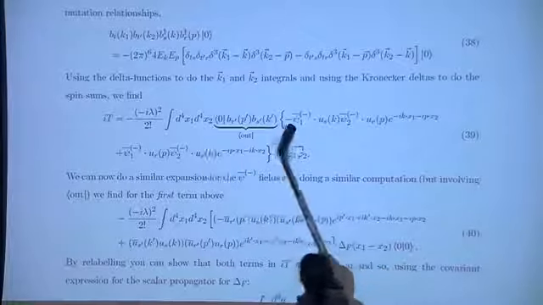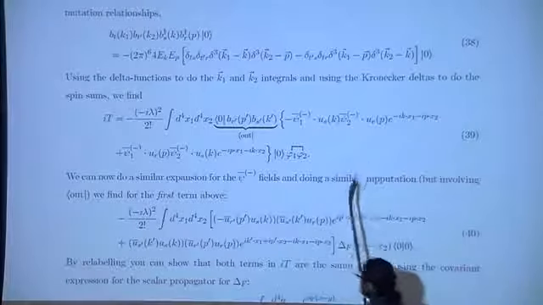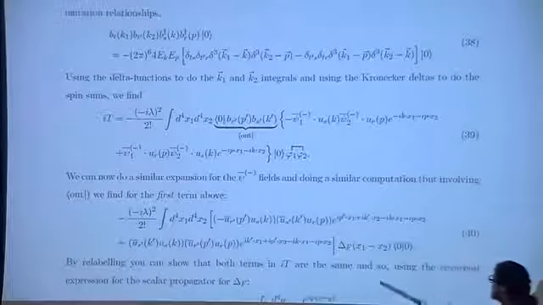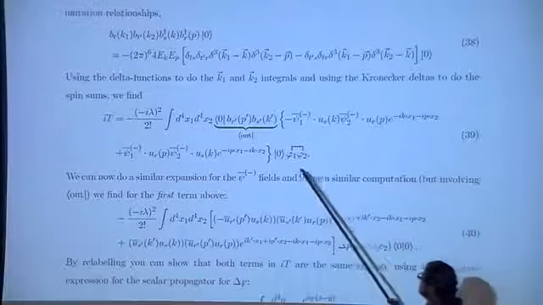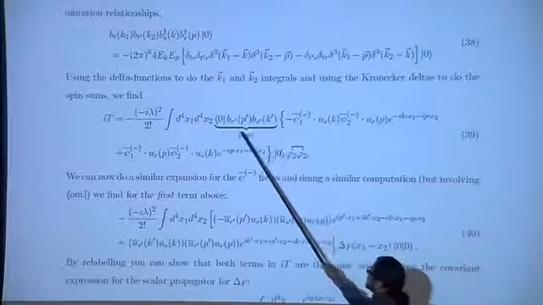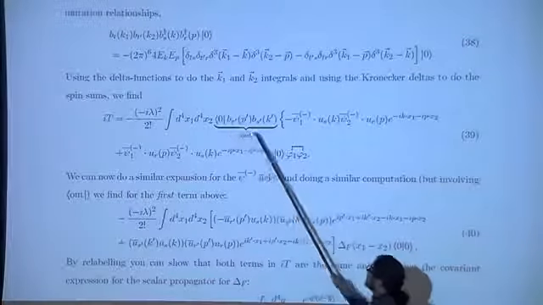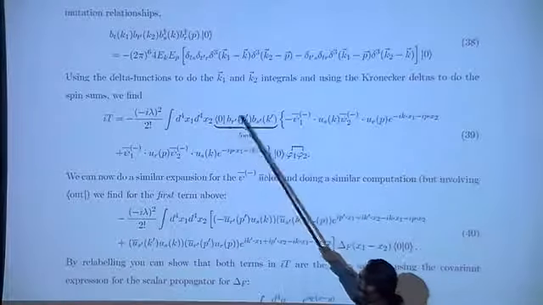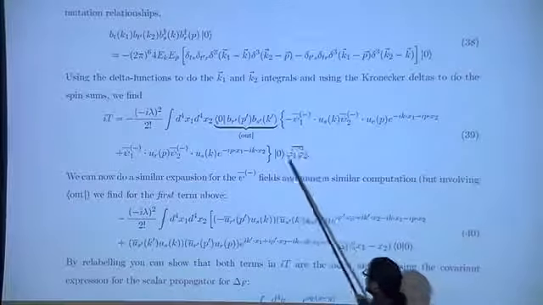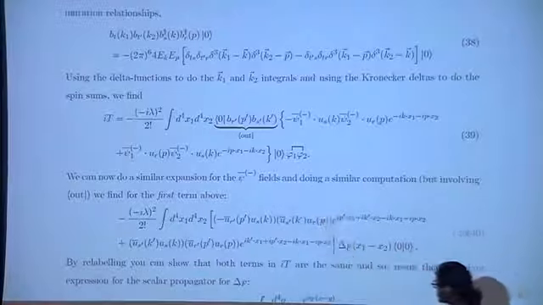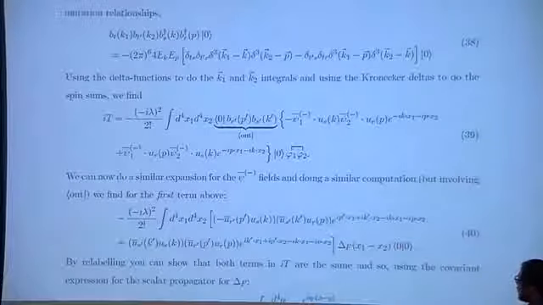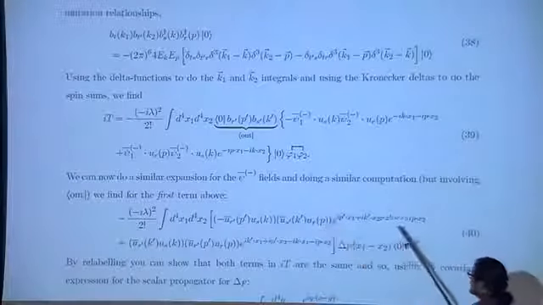I'm just copying here the first term. And here what we have done is that we've expanded out the out state. And then you have to apply the creation operator on this guy. So you're not messing with this anymore. And this is the result you get.